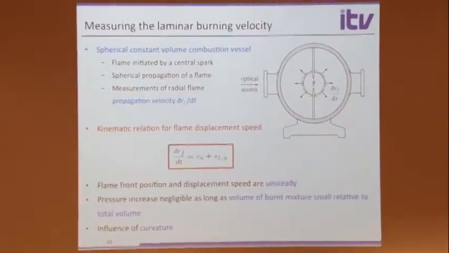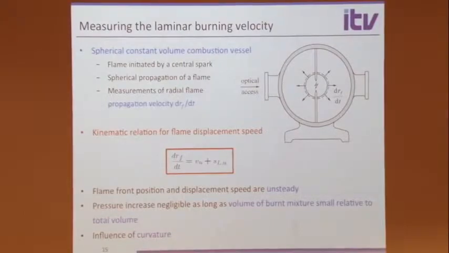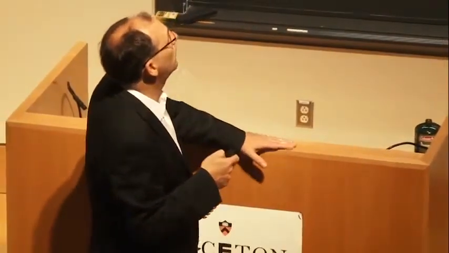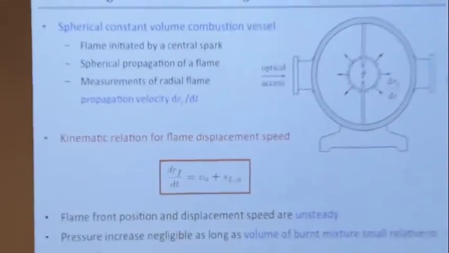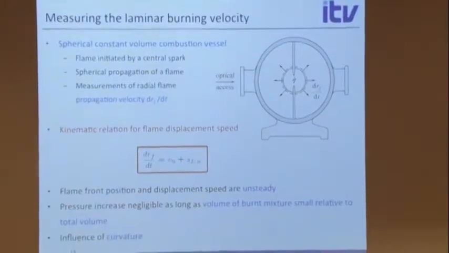Okay, burning velocity. I said you could potentially measure the burning velocity like this, but there are other ways to measure the burning velocity more accurately, and one is this spherical constant volume combustion vessel. This is how this works.